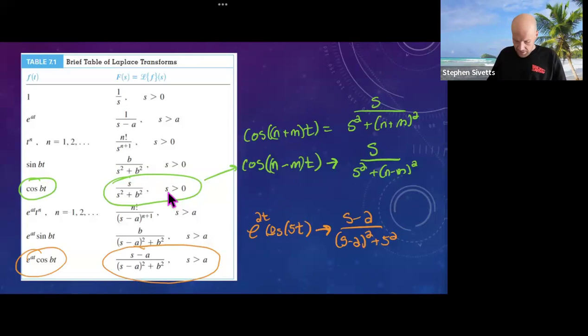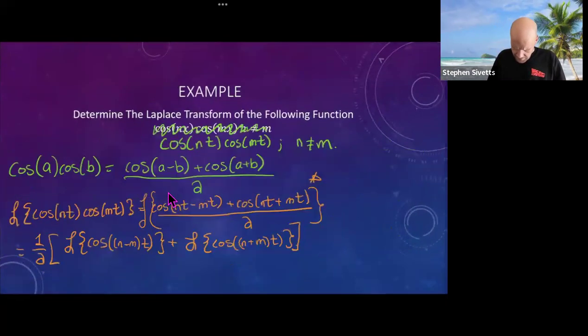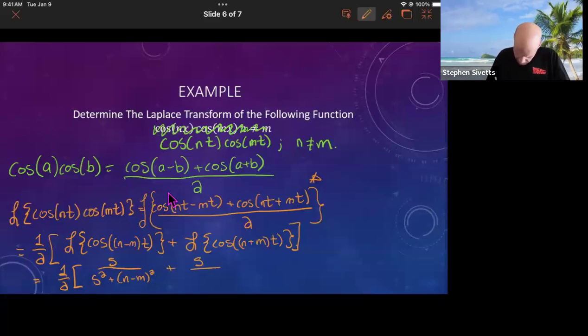So going back to that example, this would equal 1/2 times, s over (s squared plus (n minus m) squared) plus s over (s squared plus (n plus m) squared). And that is the Laplace transform.